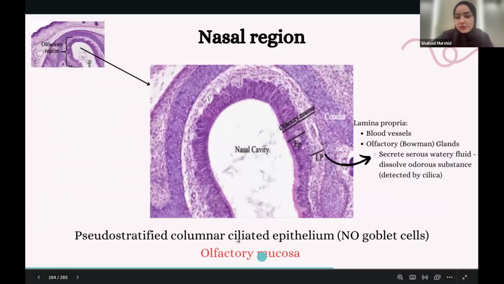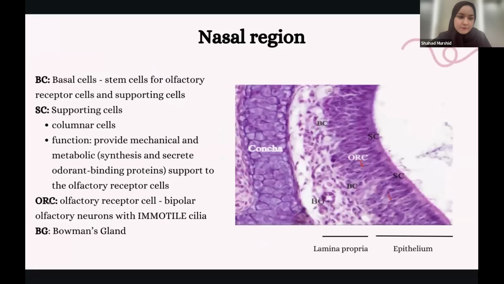So the function of cilia here is just for detection. It's not for sweeping or anything. So keep that in mind when I explain it. So we have basal cells. Again, same thing. Basal cells, we have them at the base between the lamina propria and the epithelium. And their function is to give rise to other olfactory receptor cells and supporting cells, which are found in the epithelium.